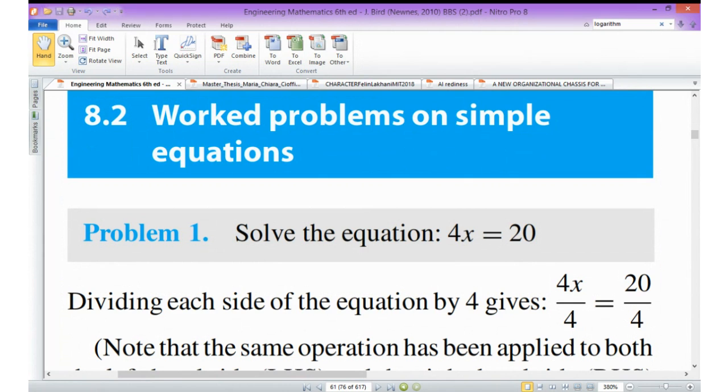That's very basic, and you can get x with a lot of ease. Just divide both sides by the coefficient of x, and you come up with the value of x for that particular equation.